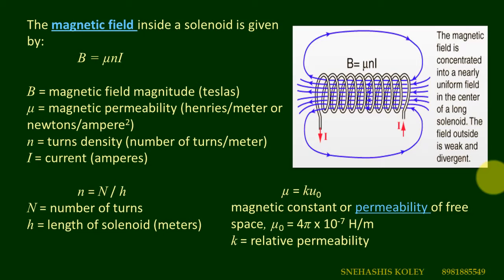That is, the magnetic field lines of a bar magnet and a solenoid are similar in manner, as you can see here. And the current carrying solenoid, when suspended freely, will align itself in the north-south direction as a bar magnet does. And the current carrying solenoid also acquires an attractive property like a magnet.